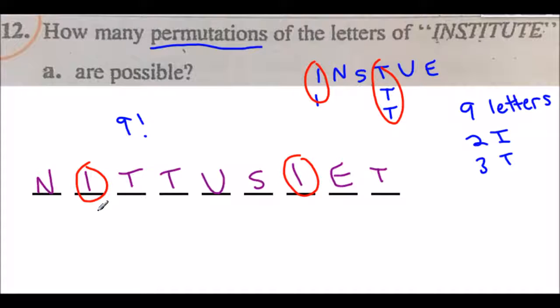And that means every time the rest of the letters were located and all I did was switch one I with another, I shouldn't have counted another arrangement because it's identical.